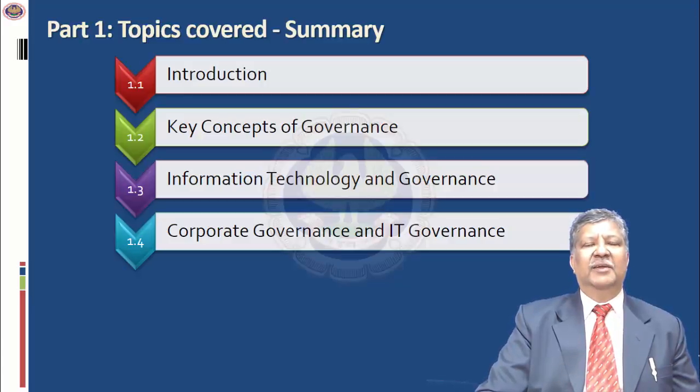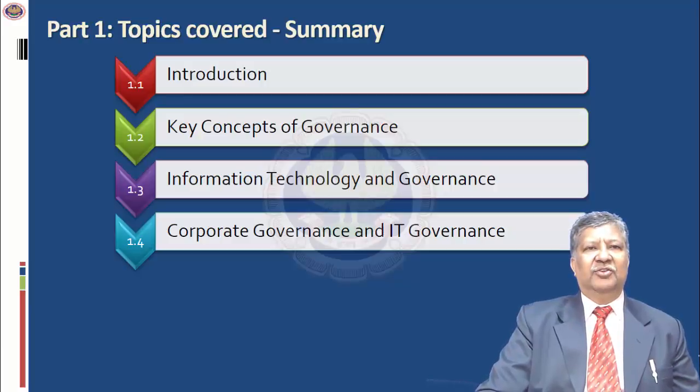So when you implement a system of corporate governance, you need a system of IT governance, because most of the controls and process systems which are required are embedded inside IT.